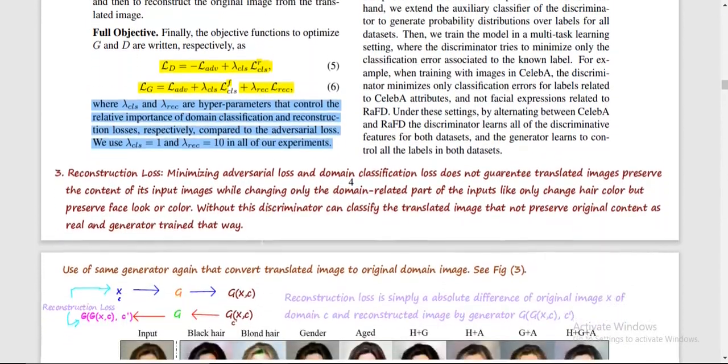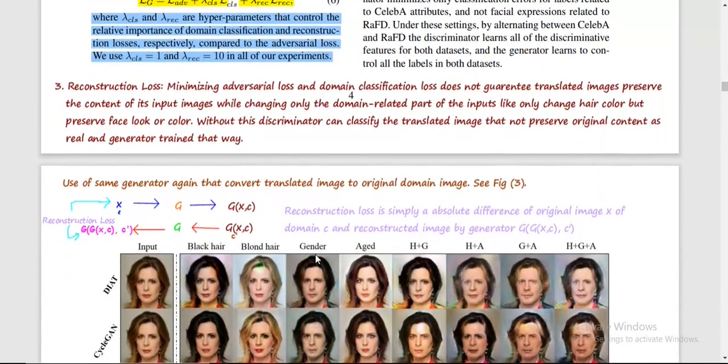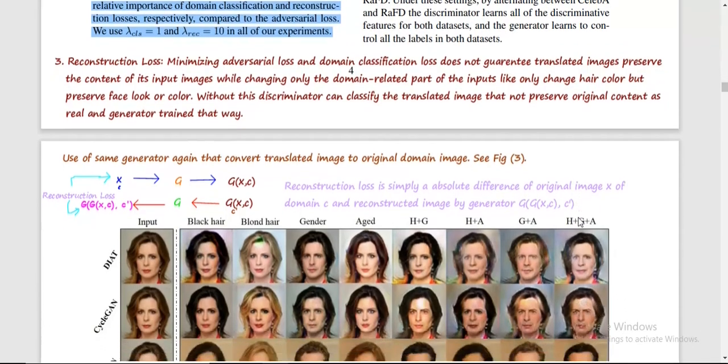So I already told you this concept. Reconstruction loss is simply the absolute difference between the original image X of domain C and the image reconstructed by the generator on the target domain C dash.